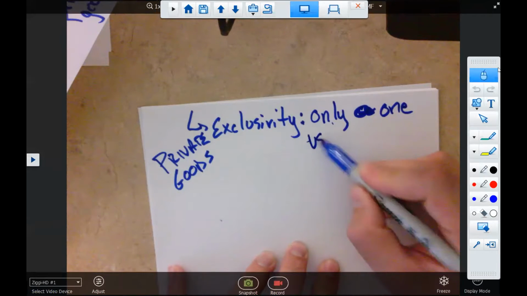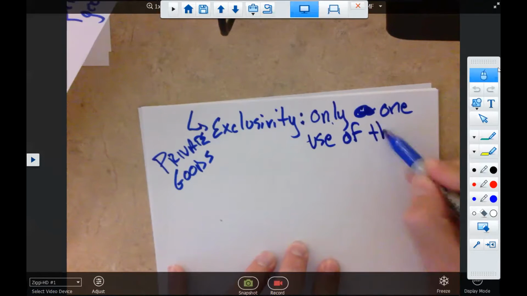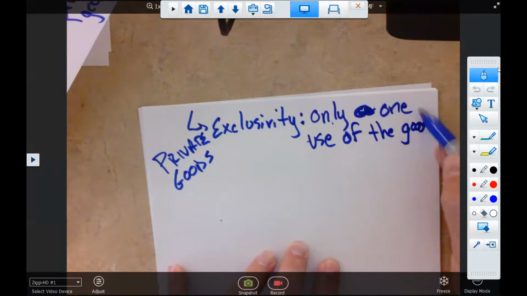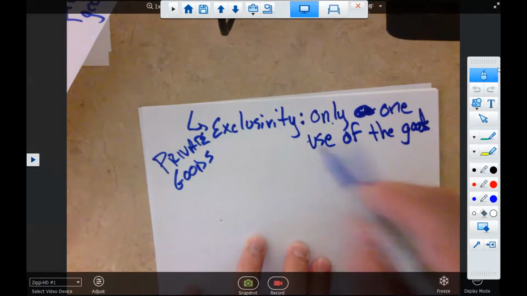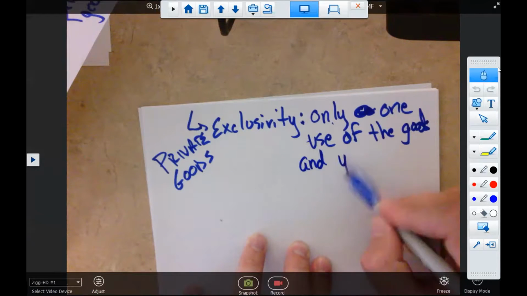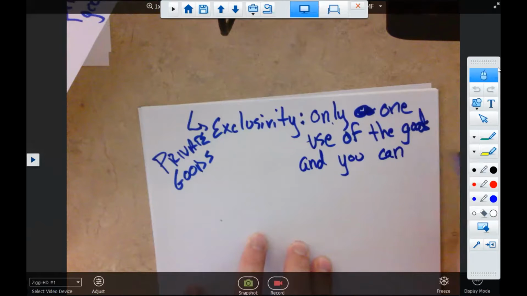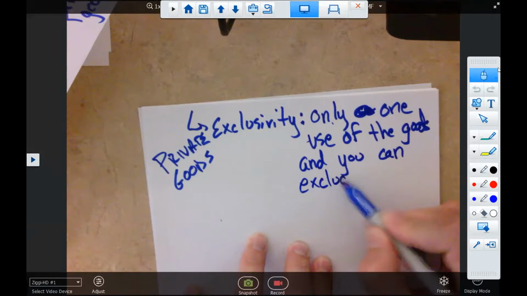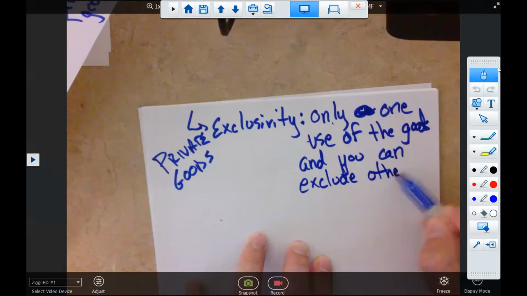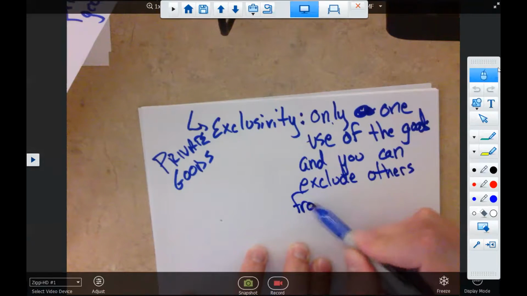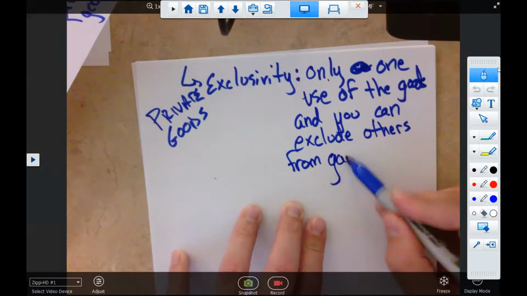Only one use of the goods. And you can exclude others from gaining utility of that use of that good.